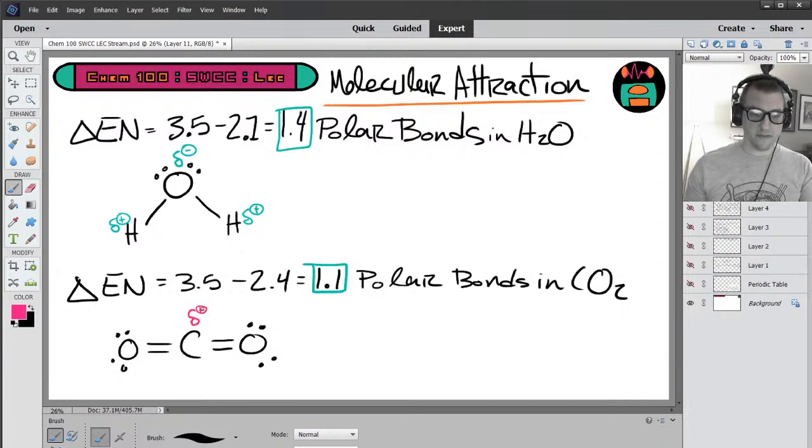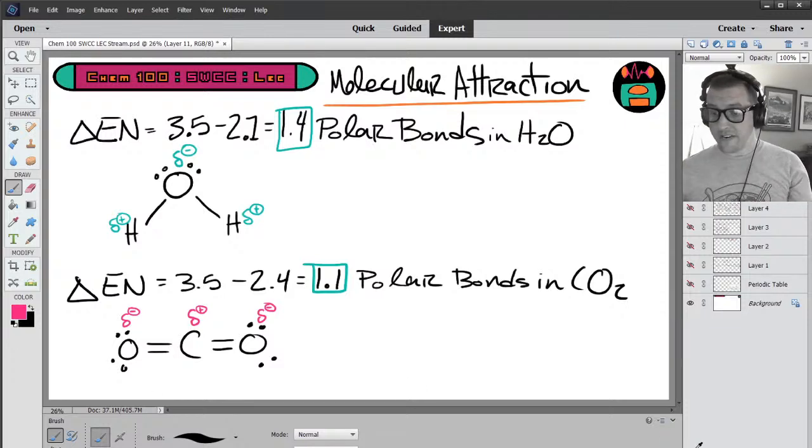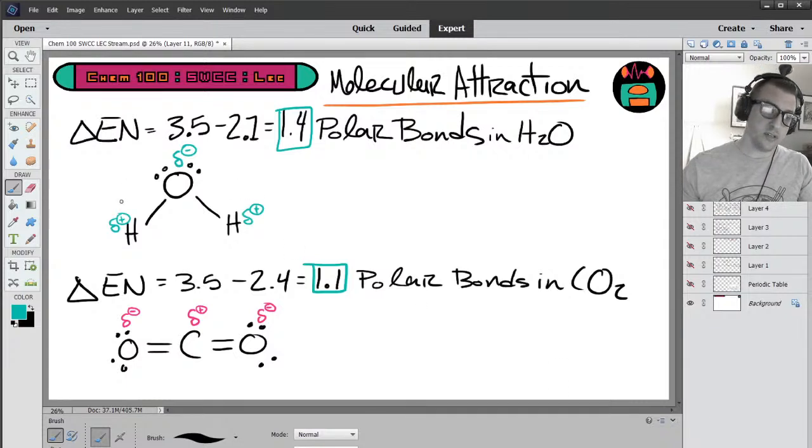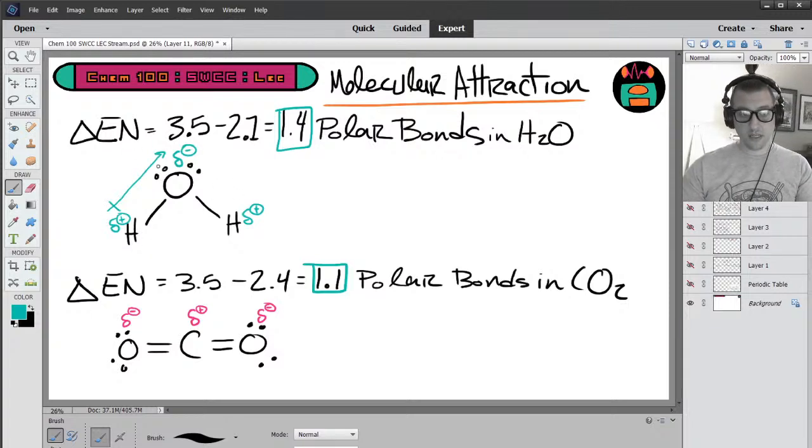Carbon's partial positive, oxygen's partial negative. When we draw the little individual dipoles, you can see for water that one of them is going to be slanted up along the bond from hydrogen to oxygen, right? Positive at the tail, negative side is at the arrowhead. Same over here.